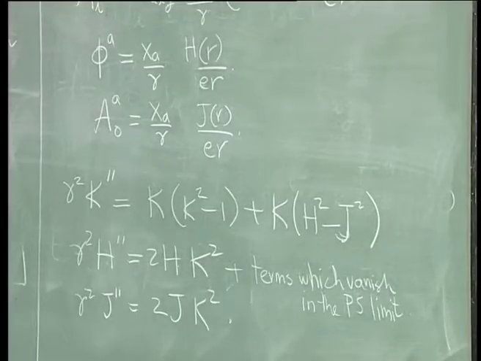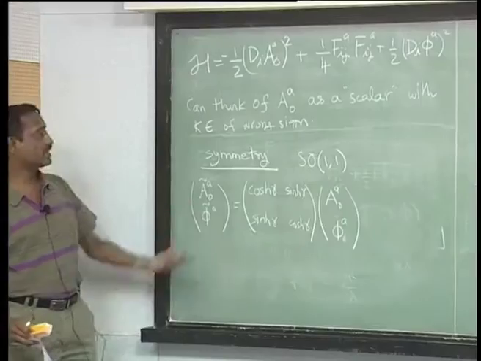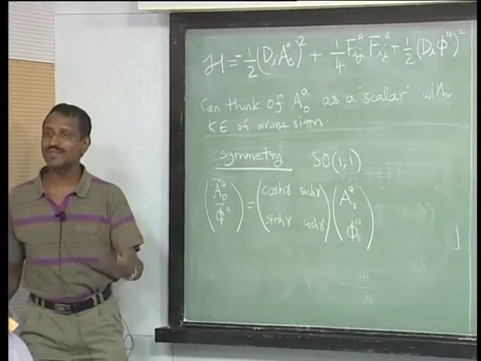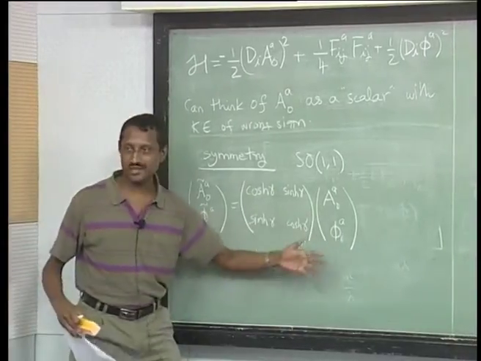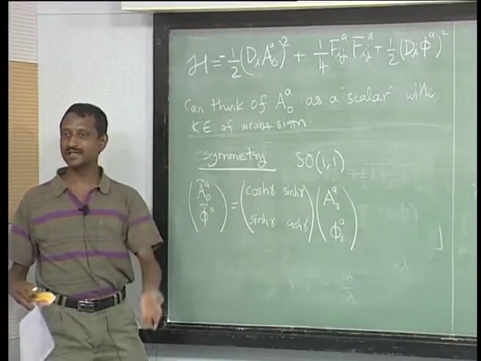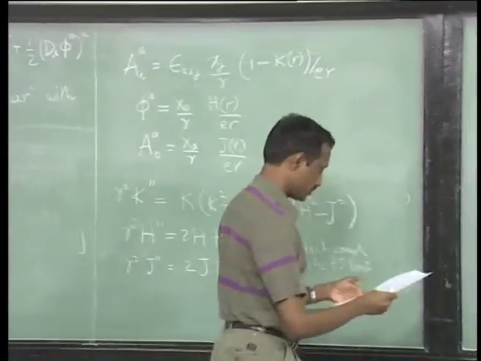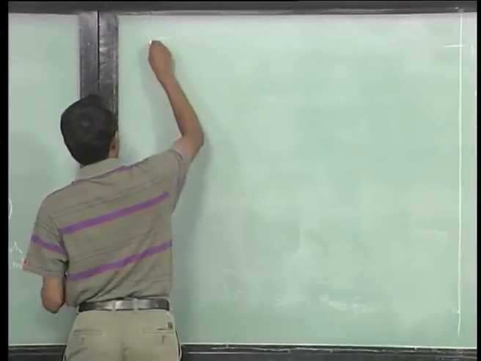So the key point here is that we can actually take the monopole solution and do a boost on it. That will obviously mix these things and create something which has electric charge also. So, boosting.